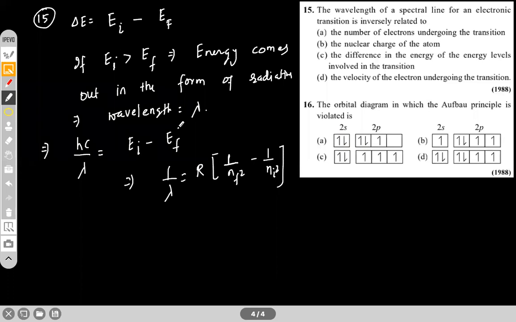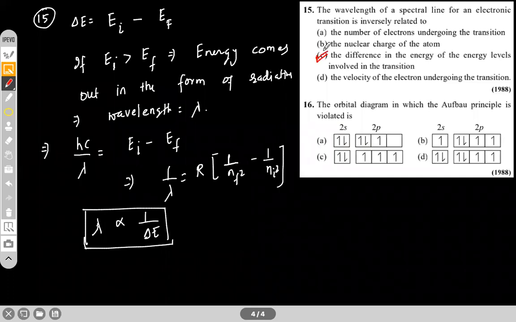That's the difference in the energy of the energy levels involved in the transition, correct? So for question number 15, from this relation we can write lambda is inversely proportional to delta E, and that is the option. So the answer for this is C.